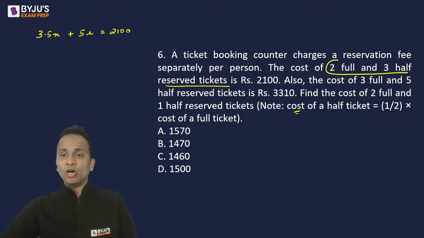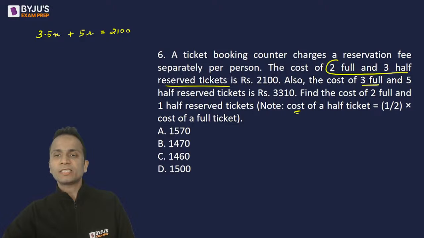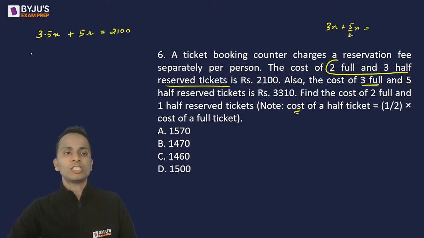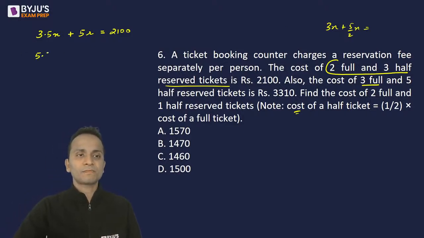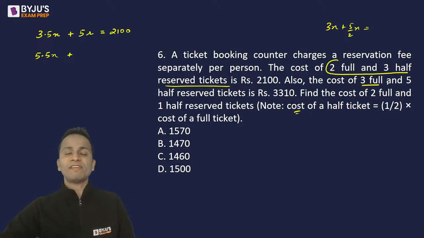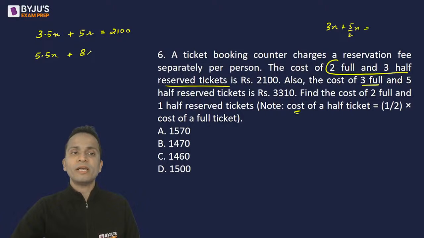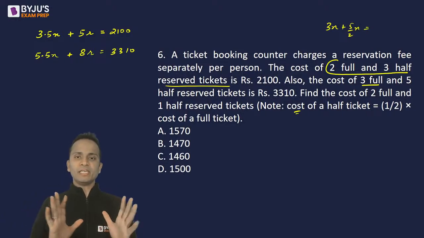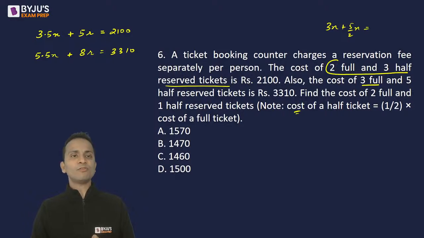Okay. Also, the cost of 3 full tickets, which will be 3x, and 5 half tickets, which will be 5 by 2x, which is 5.5x. Now, in this case, how many tickets are booked? 3 full and 5 half, that is 8 tickets. So the reservation charges will be 8R, and this is 3310. All right, fine. Now we have to find out the cost of 2 full, 1 half.